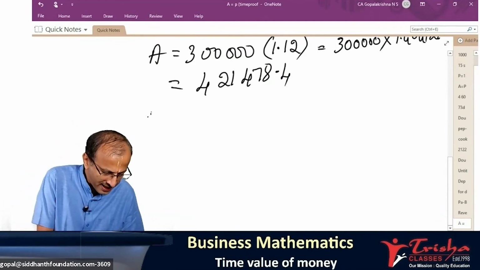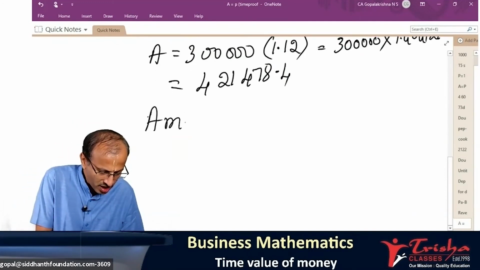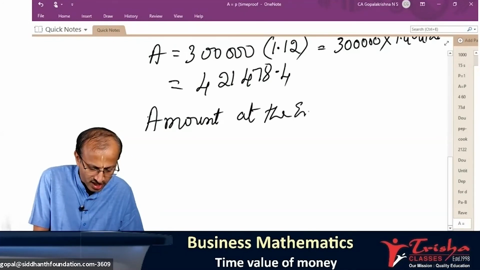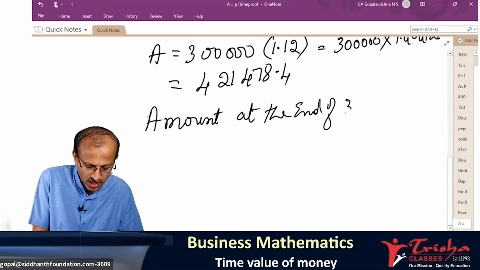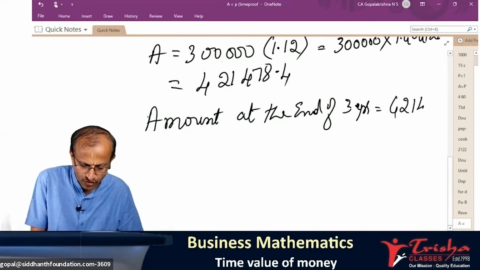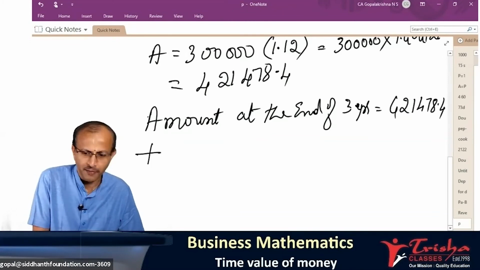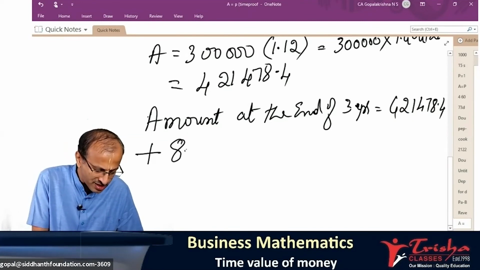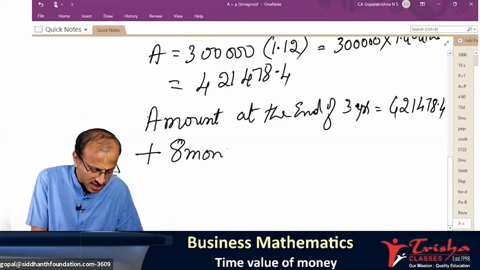So I'll write the amount at the end of 3 years, it is 4,21,478.4. I have to add, please answer, how many months' interest? The depositor kept it 8 months more, so 8 months' interest.